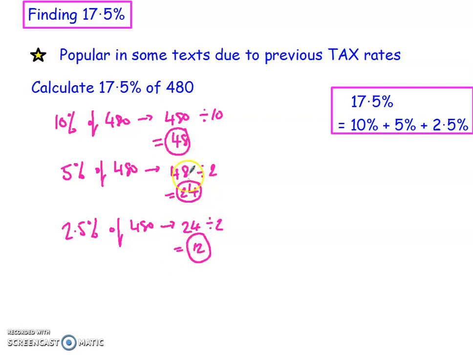And these three values here are the ones that we're going to work with to get 17.5%, because 10% add 5% add 2.5% gives us an overall total of 17.5%. And we're going to get that by adding the 48, the 24 and the 12. And that's 84. Okay.